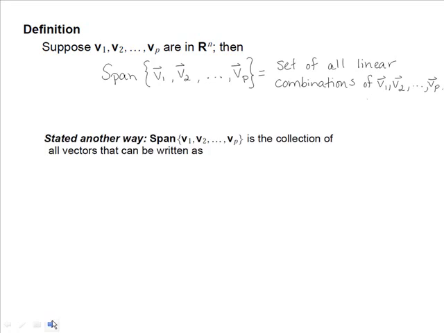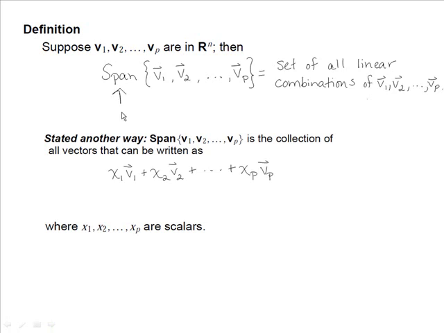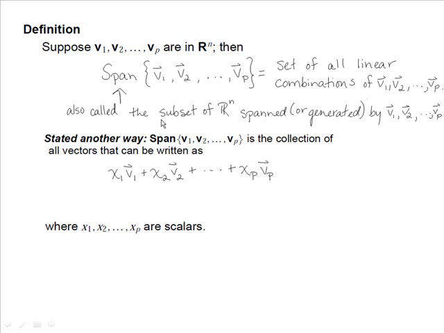Stated another way, the span of V1 through Vp is the collection of all vectors that can be written as a linear combination in this form, where x1 through xp are scalars. And the span is also called the subset of Rn spanned or generated by our vectors v1 through vp.